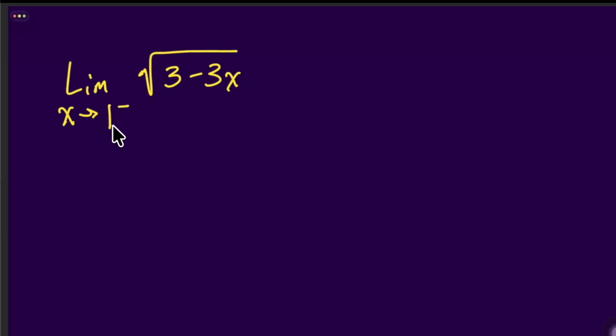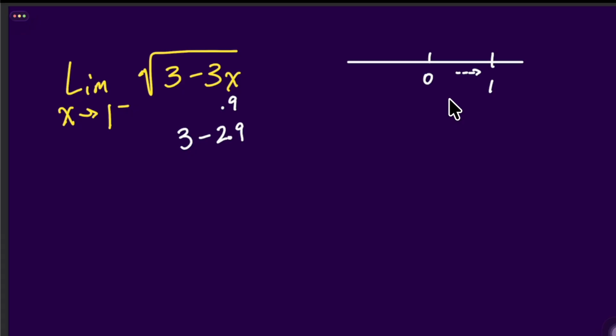For this limit approaching 1 from the left, let's go ahead and do a number line, get an intuition of this. So here's positive 1. Approaching from the left, we're going to have numbers that are less than 1. So if you imagine having 0.9 here, this is going to be 3 minus a number smaller than 3, figure 2.9.